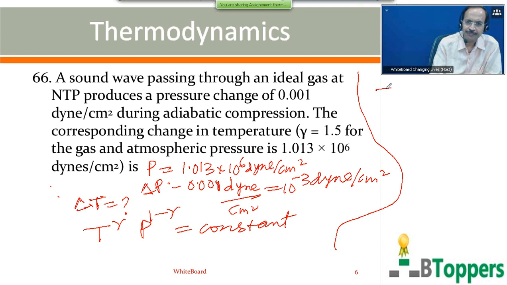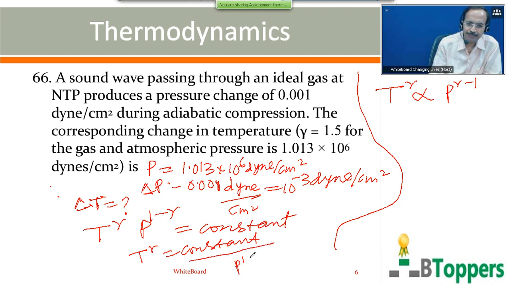Or you can say T power gamma is proportional to P power gamma minus 1, since gamma is greater than 1. So T power gamma can be written as constant by P power 1 minus gamma, or T power gamma is equal to some constant times P power gamma minus 1.